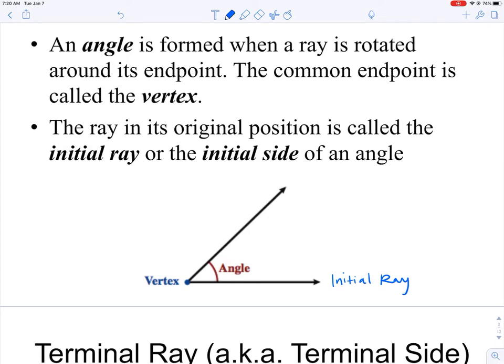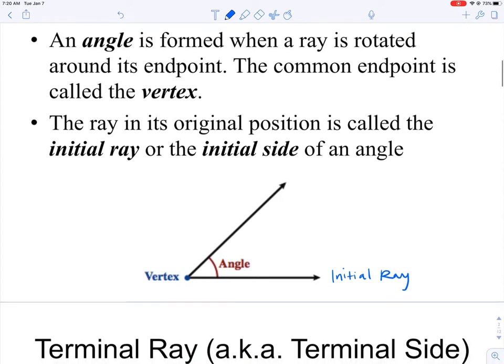And we talked about when an angle is in standard position. For example, in the unit circle, if we picture the unit circle in the xy plane, all of those angles we're considering to be in standard position, where the initial ray is on the positive x-axis. So in this picture, our initial ray is kind of that bottom directed line segment.